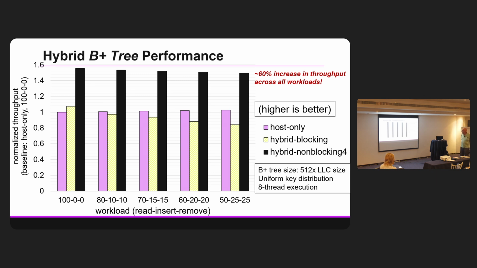Oh, in the host-only solution, all the host threads are busy all the time. So it seems like it should be fair, because in the host solution, all the host threads are doing their lock-free traversals. They're not idle. In the hybrid, the hosts are idle part of the time because they're waiting for responses from the near memory processing.